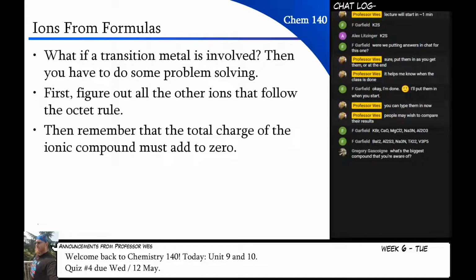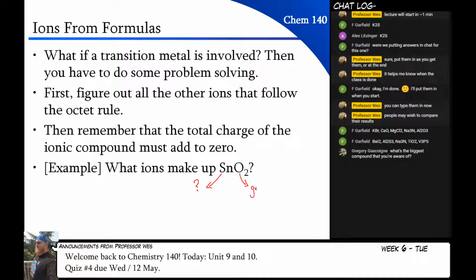So remember, again, at the end, the total charge has to be 0. So let's look at this right here. So tin is in group 14, but it actually doesn't follow the octet rule, because you would think that it would be -4 because it's in group 14, but it's, remember, group 4 is weird. But oxygen is in group 16, and so it follows a regular pattern, and you should know by now that you make this out of it.